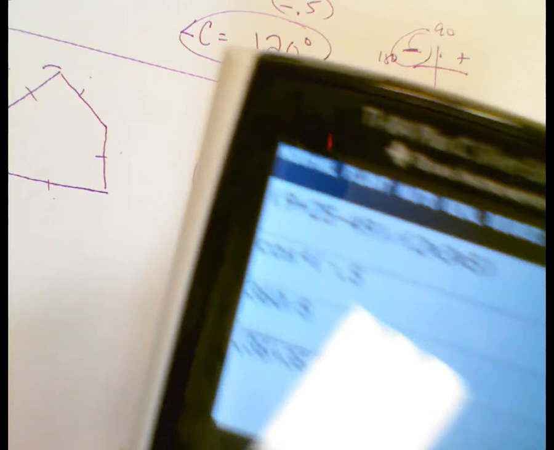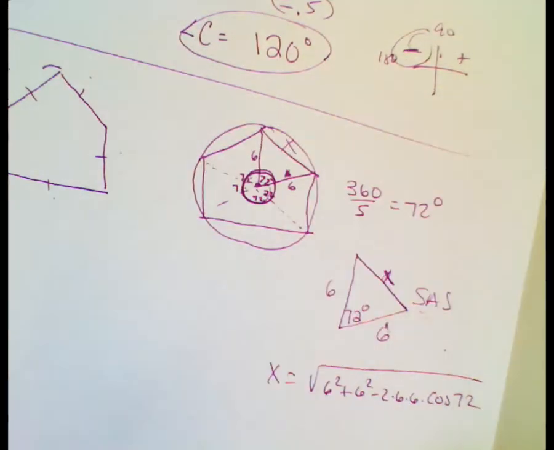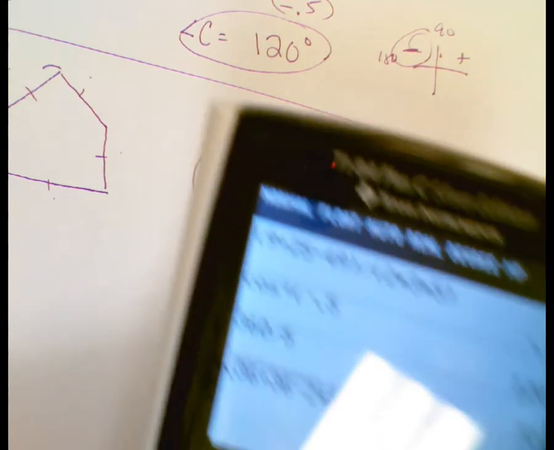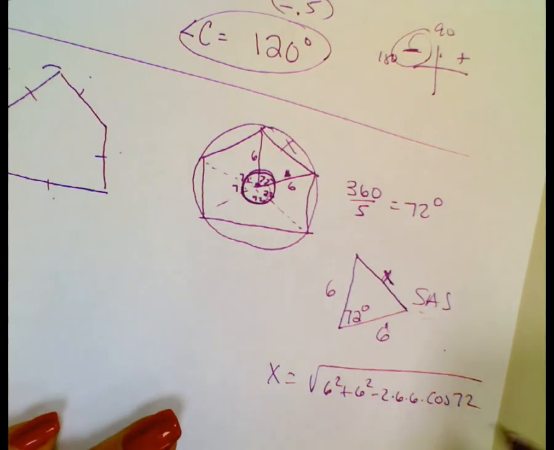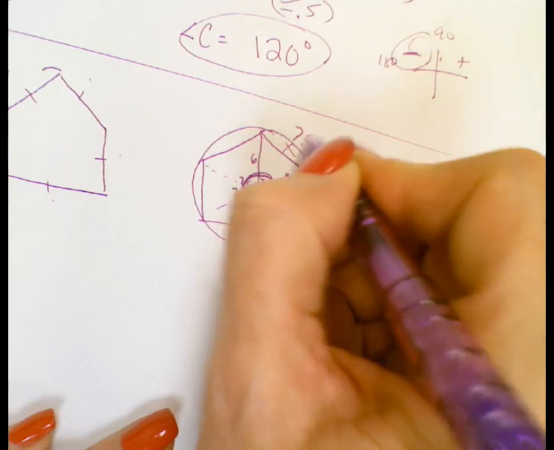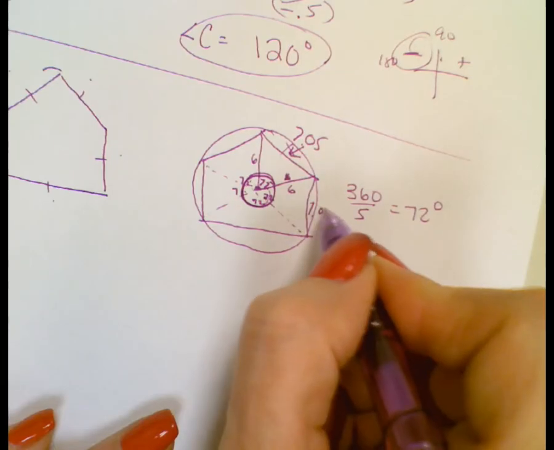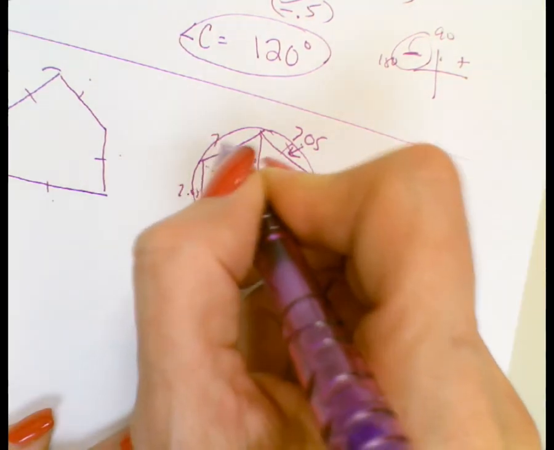Minus 2 times 6 times cosine of 72 equals. So 7.05. Let's just keep it 7.05 for now. So we have x is 7.05. That's this side right there. So that means this is 7.05, and this is 7.05, and this is 7.05, and this is 7.05.